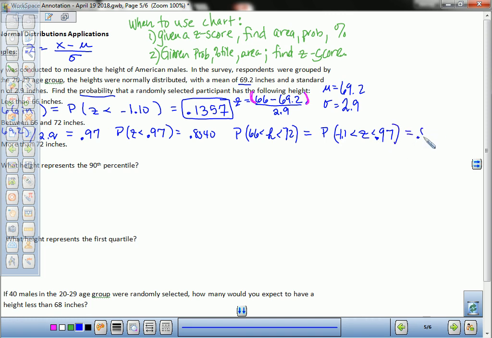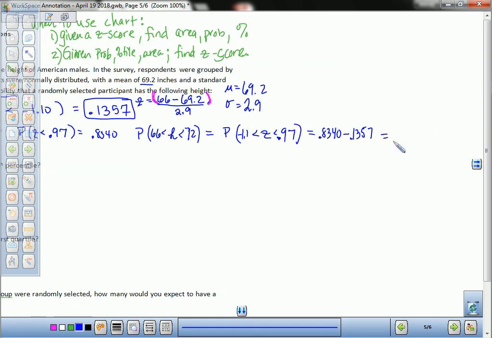So we would do 0.834, bigger one, minus smaller one. And what does that equal? 0.6983. And that's our probability. So bigger minus smaller.